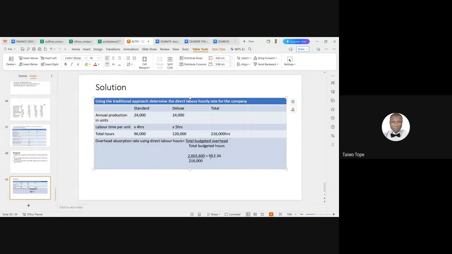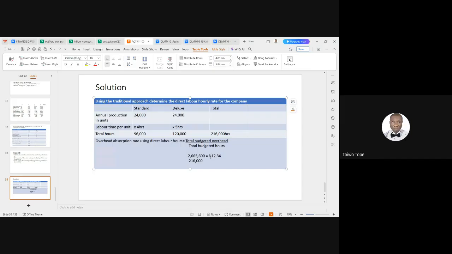So this is the overhead absorption rate based on direct labor hour. If you are to incur 4 hours, how much will you pay based on this approach?